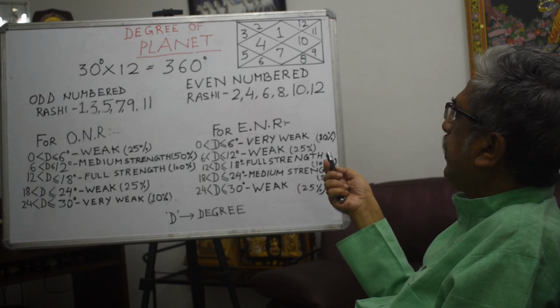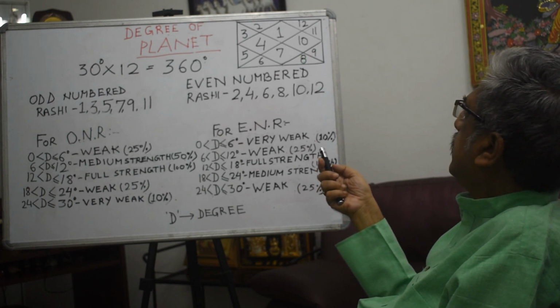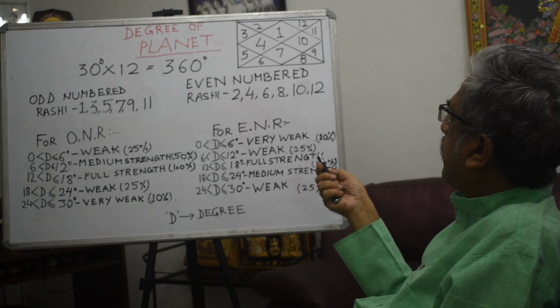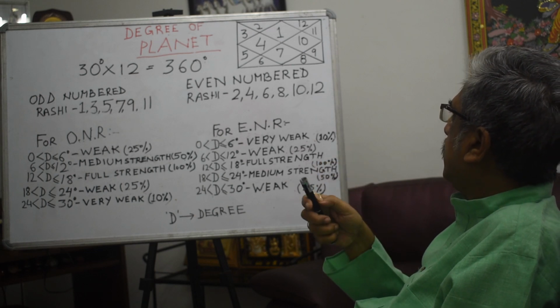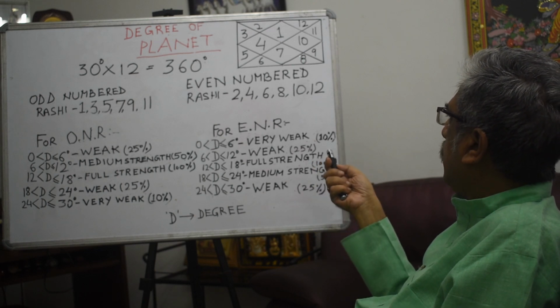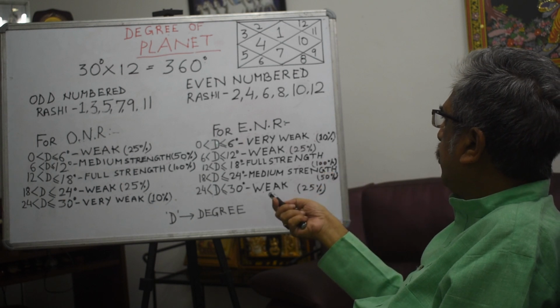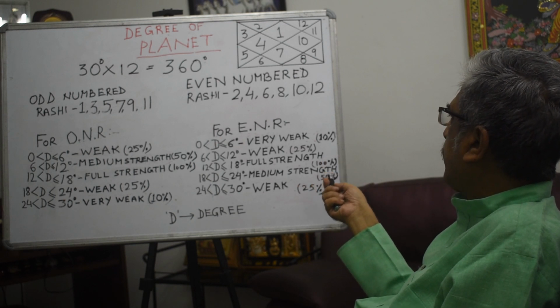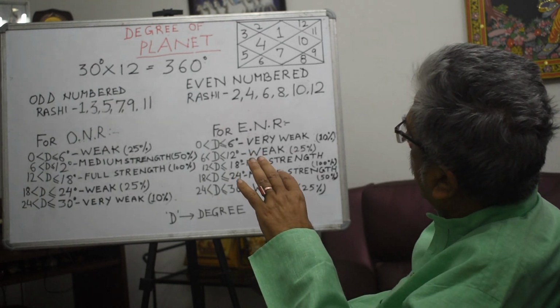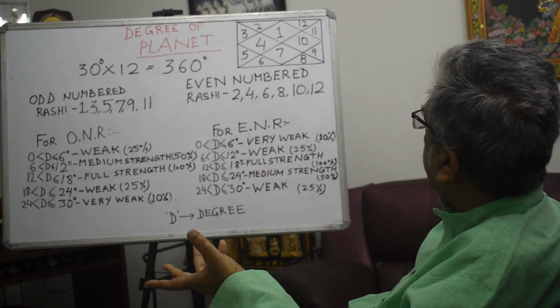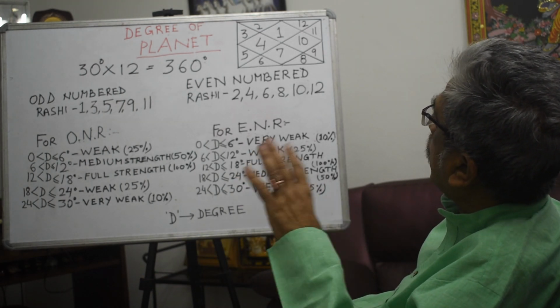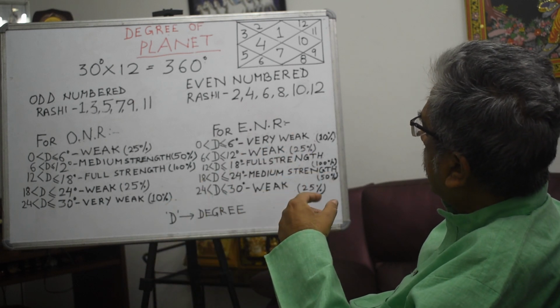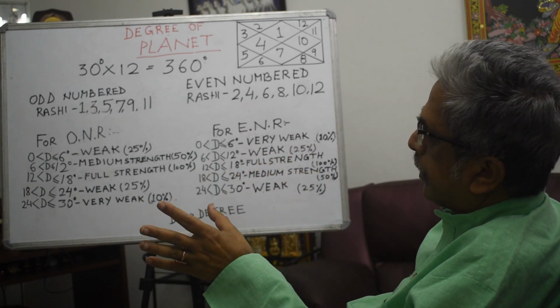It means it will give 100% bad result. Negativity will be very high. It will give 100% negative result. If Rahu is placed in Scorpio at 2 degrees, Rahu will give 10% result. So the negativity of a negative planet or the positivity of a positive planet will increase or decrease according to degree.